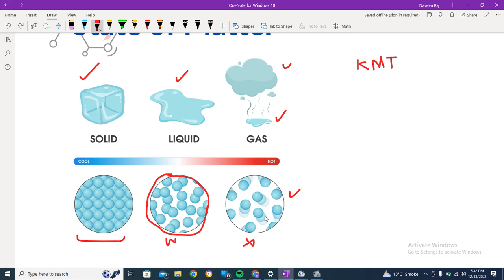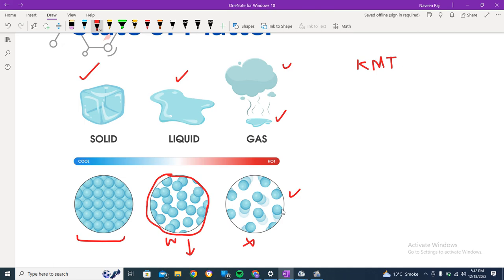Now let's move forward. I think we are kind of done with all of it. I would include that liquid motion is restricted. Molecules can move, but there is a limit. While in gases, it is not restricted.